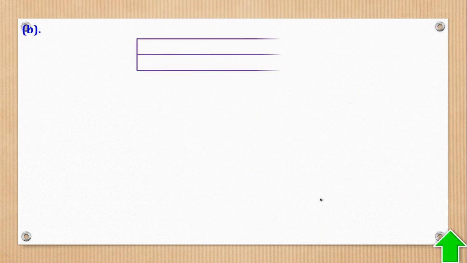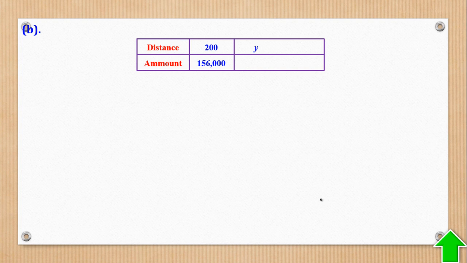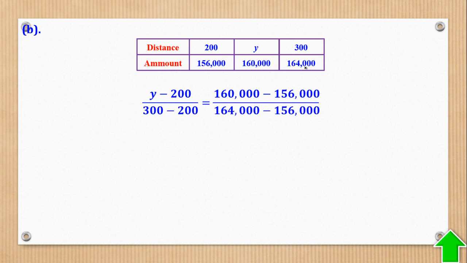Part B, still we are going to extract out the table, and this time we shall use linear interpolation, because 160,000 is between this and that. Then we shall equate quotients. Now here there are different methods.